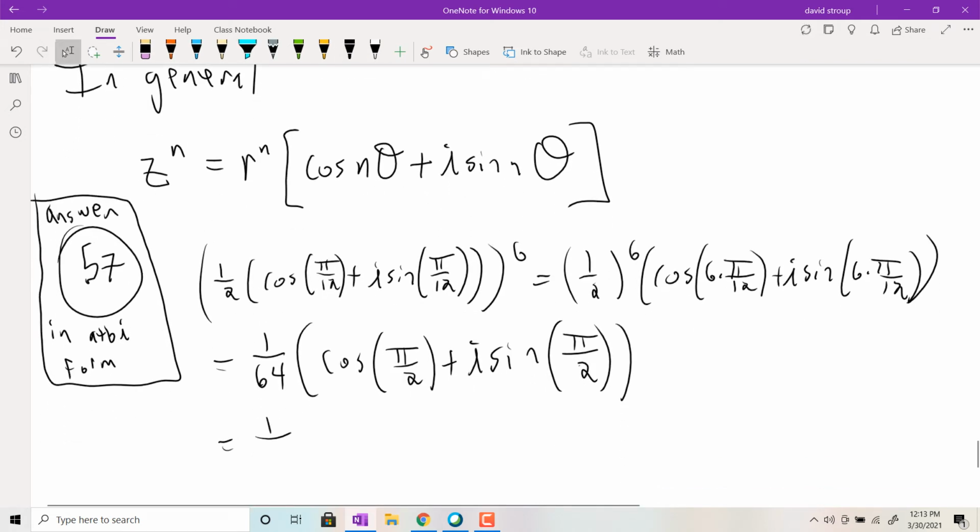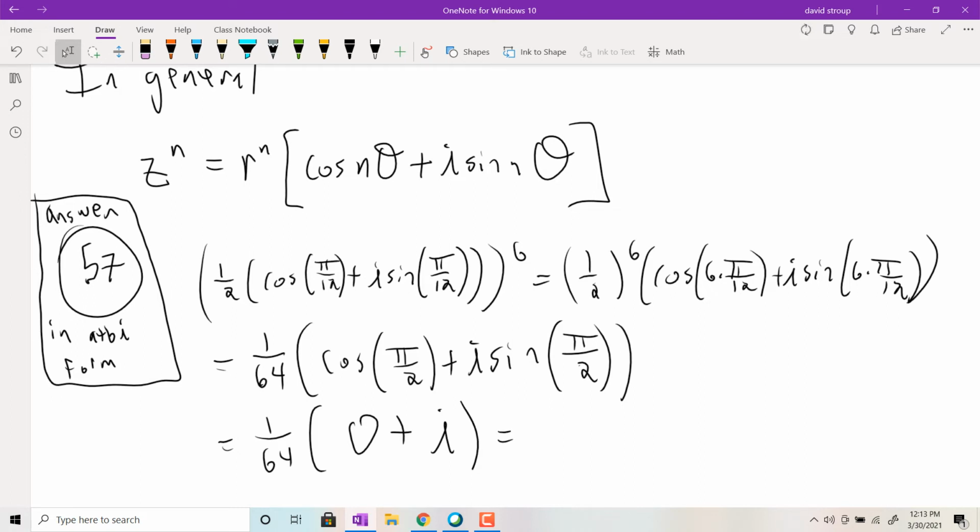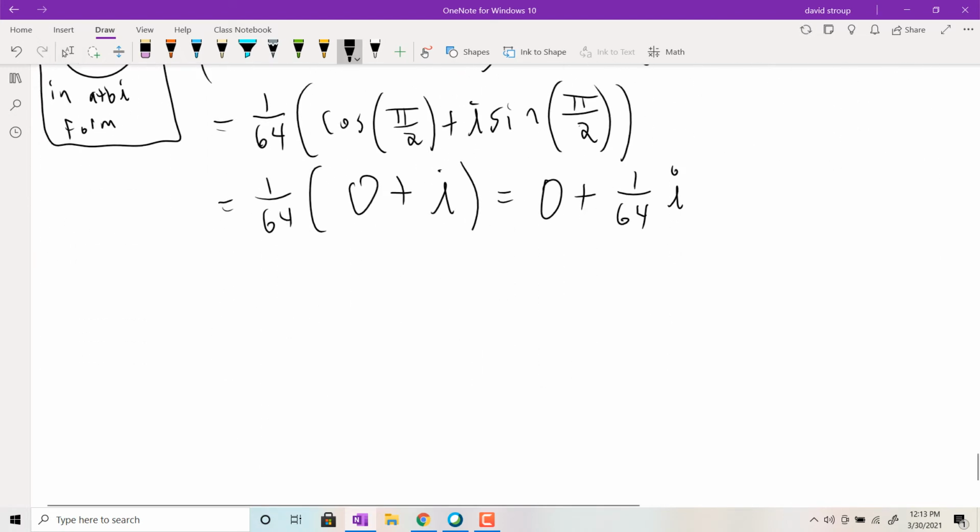So this will be 1/64 times cosine of pi over 2 is 0. Sine of pi over 2 is 1, so 0 plus I. And when you distribute, you get 0 plus 1/64 I. Okay? So the A value is 0, the B value is 1/64. You could usually write that just as 1/64 I. Okay.